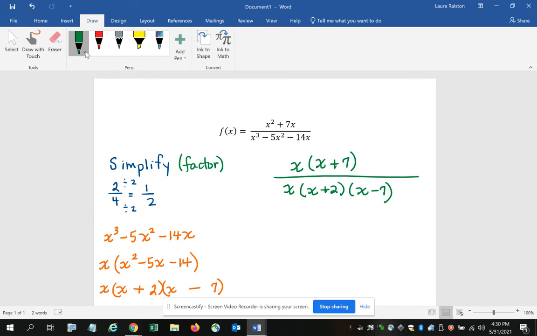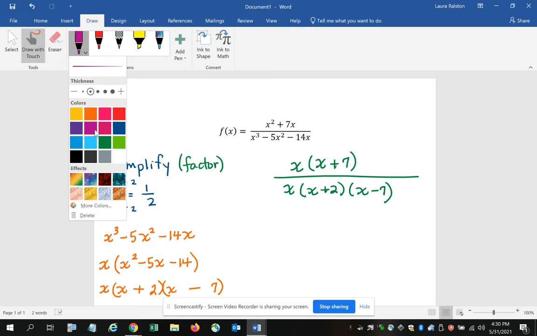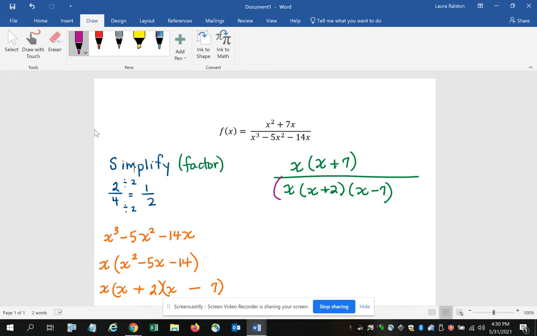I notice that in the numerator and the denominator, I have a common factor of x, which is going to divide out. That x that divides out, x equals 0, becomes a removable discontinuity.